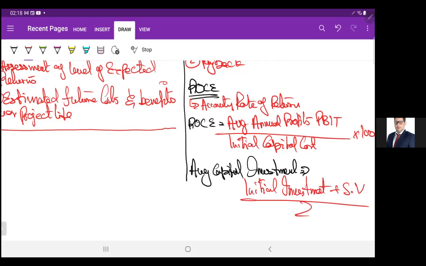In the exam, you should use the initial capital cost unless you are told otherwise. However, the ROCE calculation based on the average capital investment is the method most commonly asked in the exam, and it will be made clear to you what to use in the exam question.